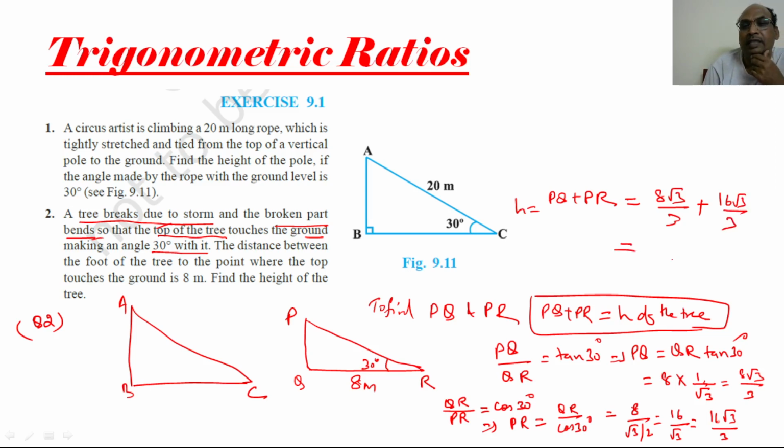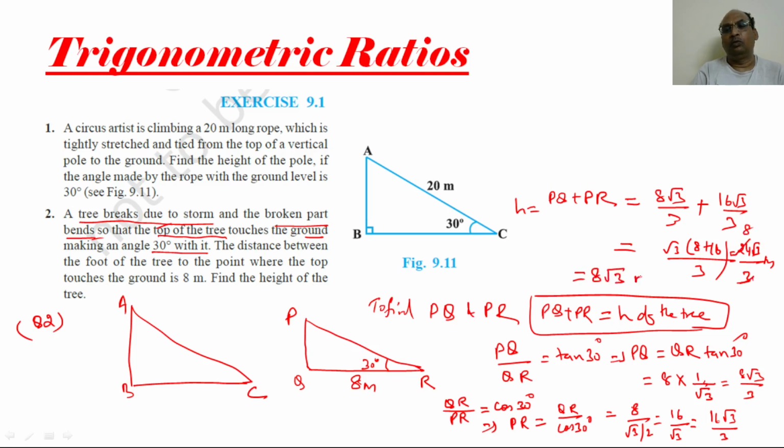So the LCM is 3, root 3 is common, so 8 plus 16 has become 24 root 3 by 3 meter. We can write directly 24 by 3 root 3 meter, so we can cancel with 3. So this has become 8 root 3 meter.